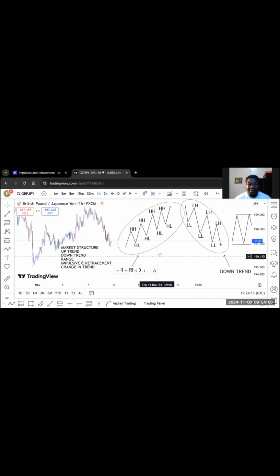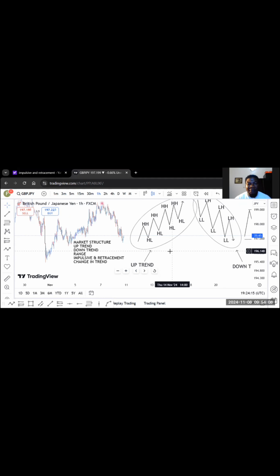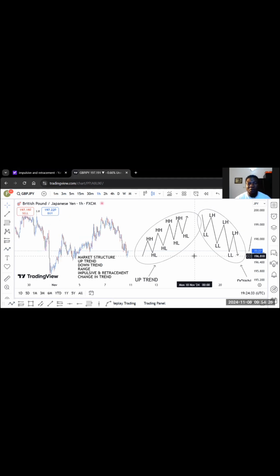The number one directional phase of the market that we have is called uptrend. Usually when the market is moving in an upward fashion like this, how do we know that a market is in an uptrend? Or what are the characteristics of an uptrend market? Basically, if a market is moving in an uptrend, it makes a series of higher highs and higher lows.